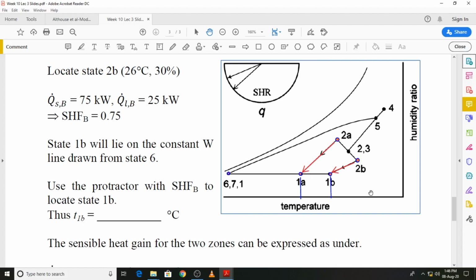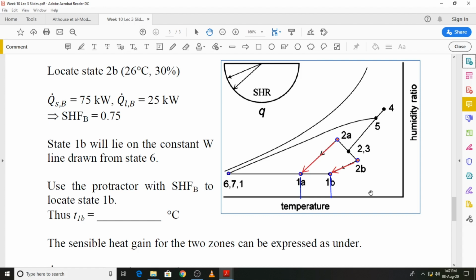We can also find out the mass flow rates for the two zones. Remember, the mass flow rate that is supplied to zone A will be the mass flow rate at state 1A, and similarly the mass flow rate that is supplied to zone B will be the mass flow rate at state 1B. And that is quite straightforward because we are given the sensible load for that zone.